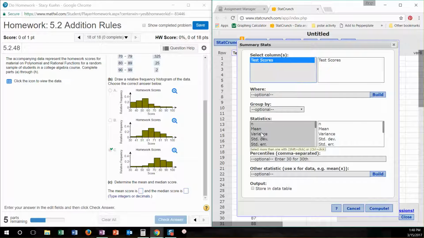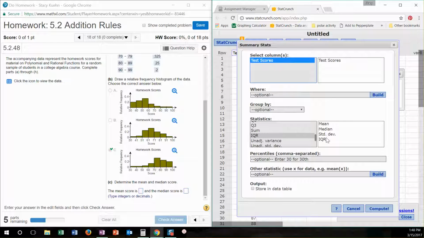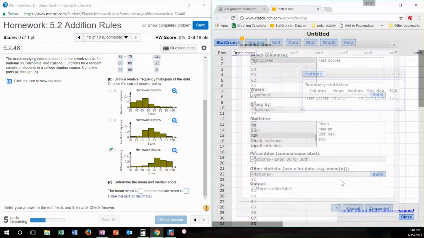It asks me for the mean and the median. It's also going to ask me for the standard deviation as well as the IQR because I've already seen the problem. So I have all of the data that I need, and I can always go back and add more to it if I didn't get these done the first time.